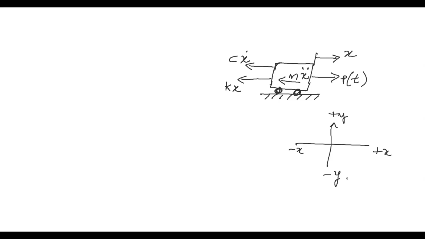All these terms are. So if you write the equation over here, m into x double dot plus c into x dot plus k into x, these three are in one direction, and because of this force, this is equal to p of t with respect to time.